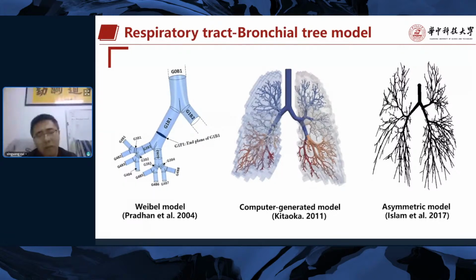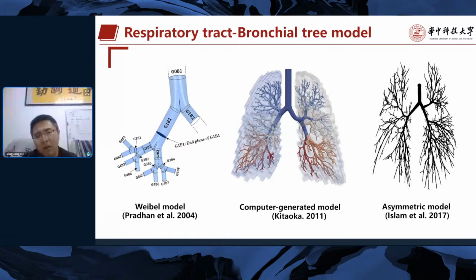In fact, the earliest model is the Weibel model, and the Weibel model has 23 generations. People have used it a lot to build segmented bronchial arrays, for example, from G3 to G5, G7 to G9, G9 to G11, G11 to G14.